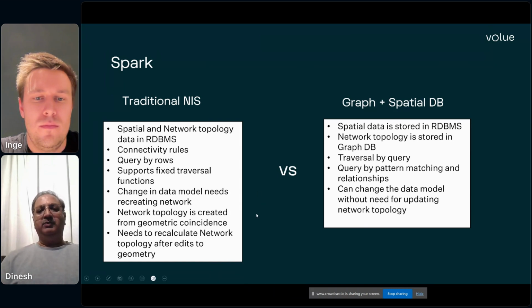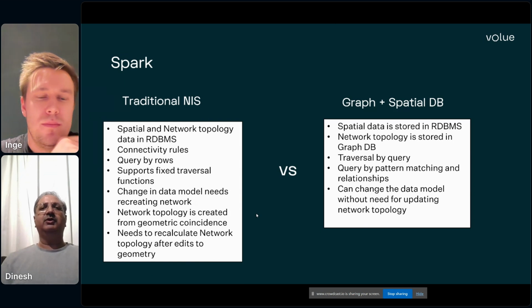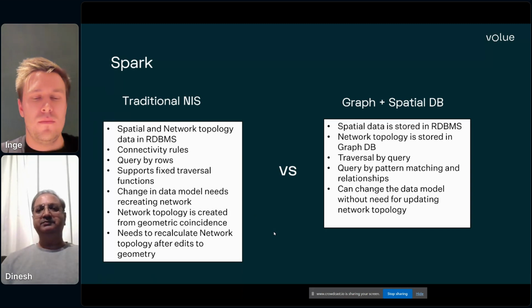The network topology is also derived from the geometric coincidence of the geometry, from the physical geographic elements. Whenever we have to change anything, we have to rebuild the network.